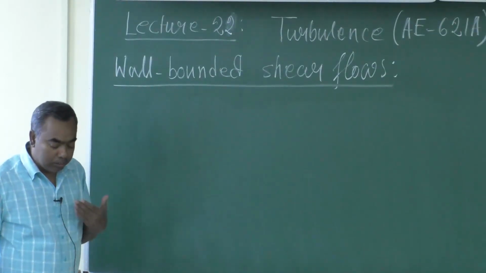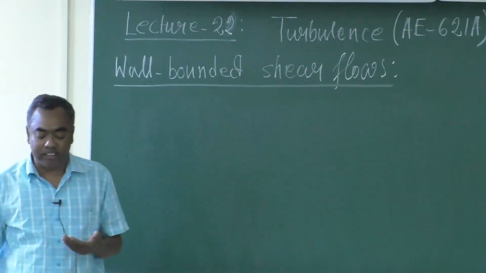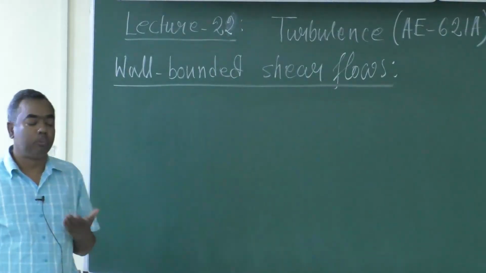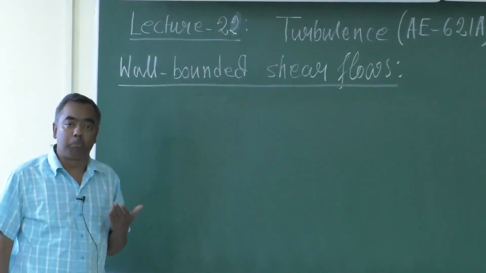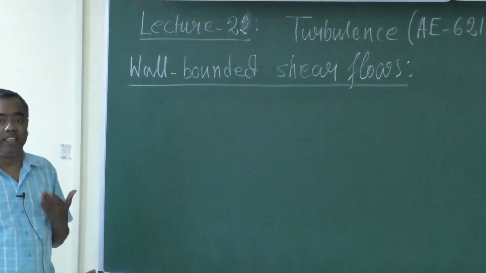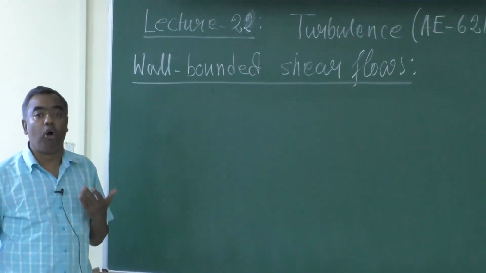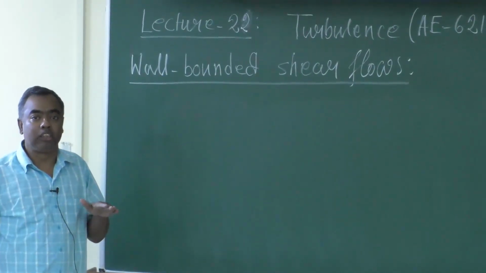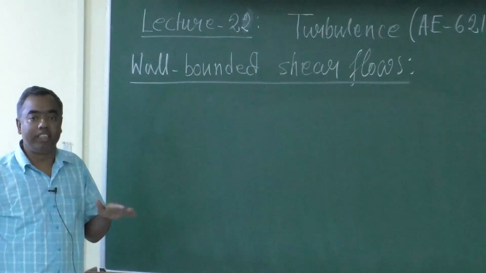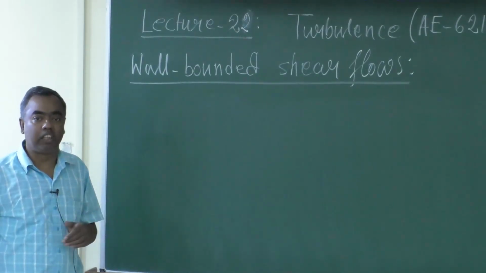These wall bounded flows are a bit different from free shear flows. One important point we need to keep in mind is the friction law, or skin friction at the wall, which is very important because it gives some sort of skin friction drag.